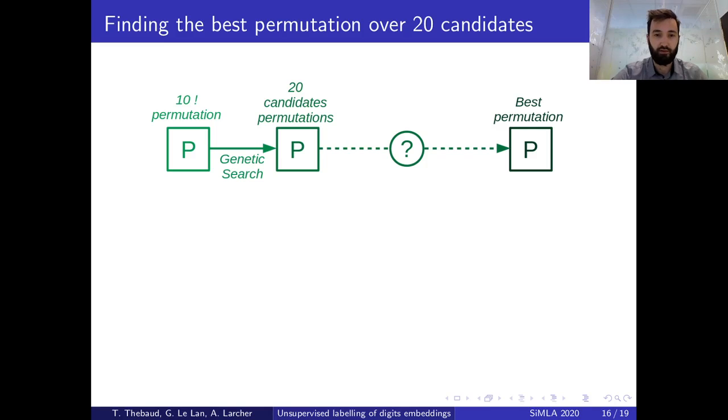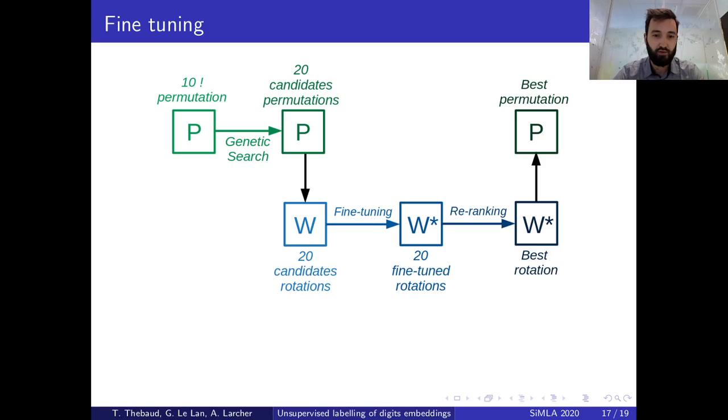And after getting those 20 best permutations, 20 candidates to be the best permutation, we only had to apply to them our fine-tuning described earlier with our log likelihood loss and a weak loss over the rotation part on the determinant and the inversions. So we take our 20 candidate permutations, compute their associated degraded rotation using Procrustes.